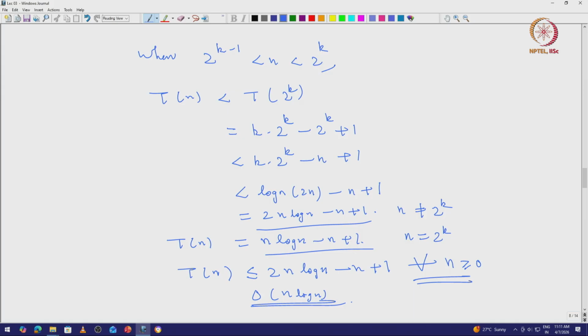What we have done is, we have found the exact value, but we used monotonicity. This is the crucial step. N is less than 2 power k, therefore this holds, and straightforward algebra after that. Okay. So, now we have some idea that it is of order n log n.